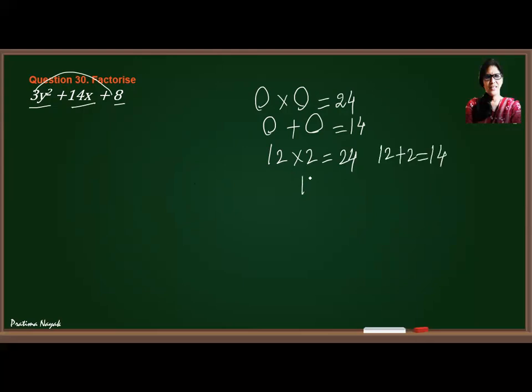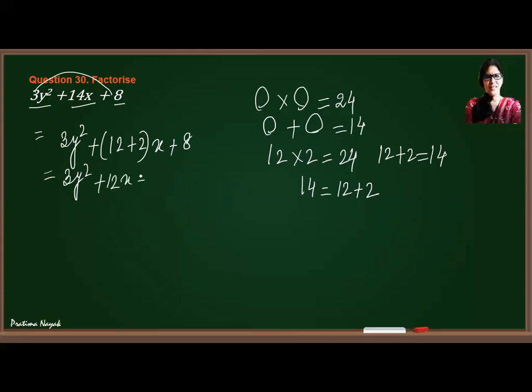So I'll break 14 as 12 plus 2. So this will be 3y square plus 14y. I am breaking it as 12 plus 2. I can directly write it, but I am writing it in this way also. So plus 12y plus 2y plus 8.